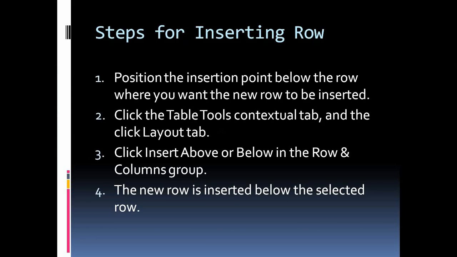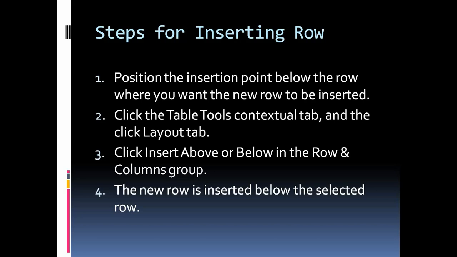Next, steps for inserting rows. Step 1. Position the insertion point below the row where you want the new row to be inserted. Step 2. Click the Table Tools contextual tab and then click the Layout tab.